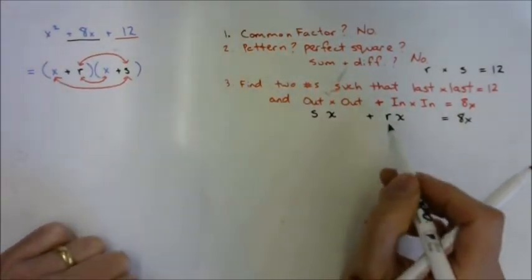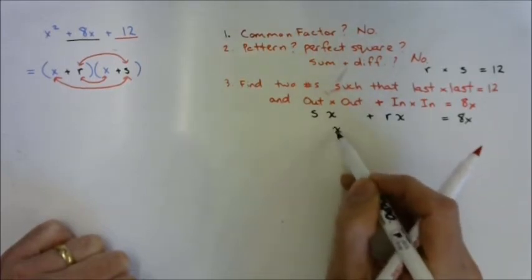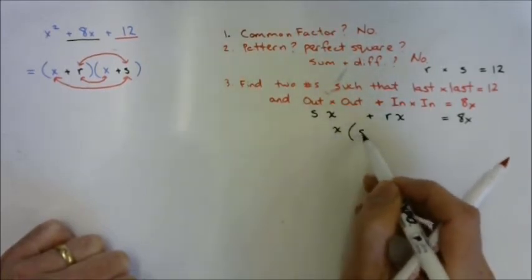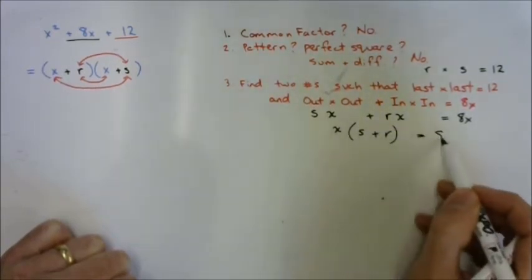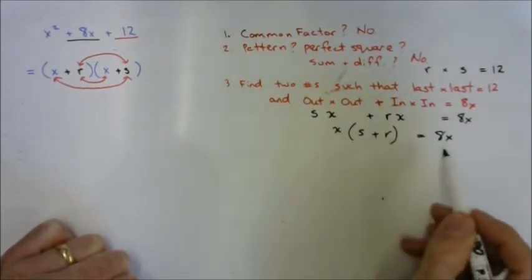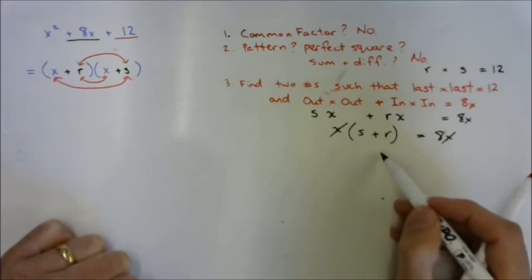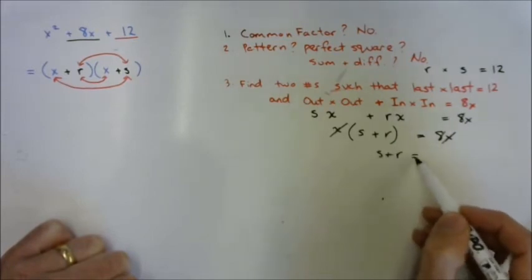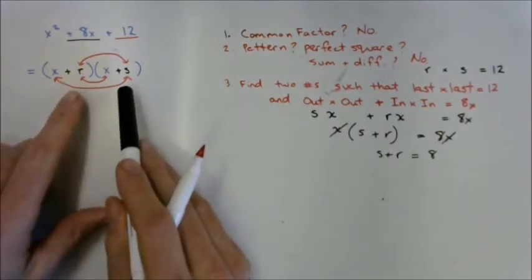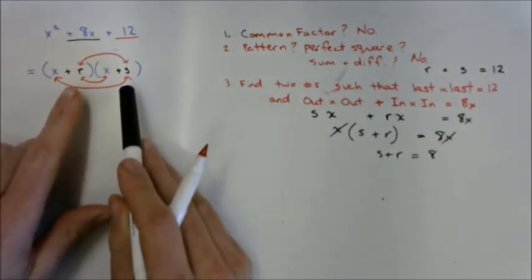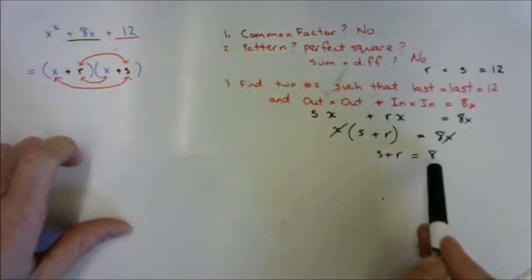Well, let's just look at this little piece here. Basically, I have a common factor here of x, and here I'd be left with an s plus r. So s plus r is being multiplied by x, and that's going to get us 8x. And now you can see if I'm reducing this further, I can divide both sides by x, and s plus r equals 8. So now you can see that these two numbers that I'm looking for, r and s, those same two numbers are going to multiply to 12, and they're going to add to 8.